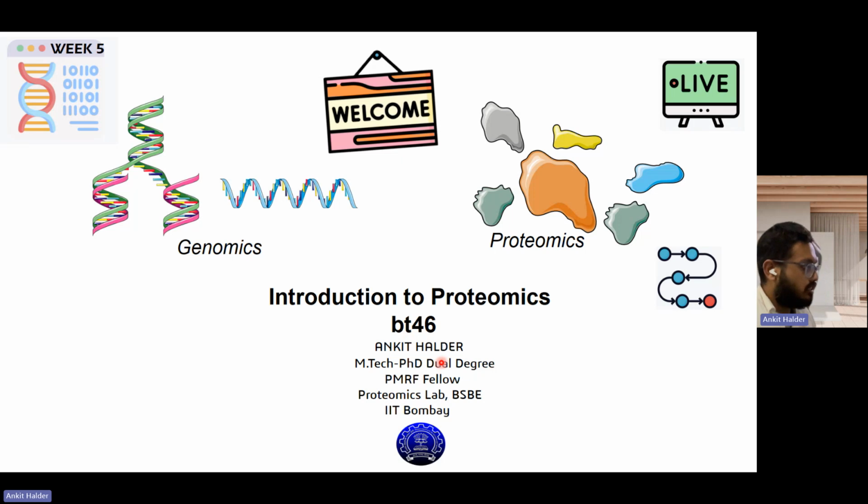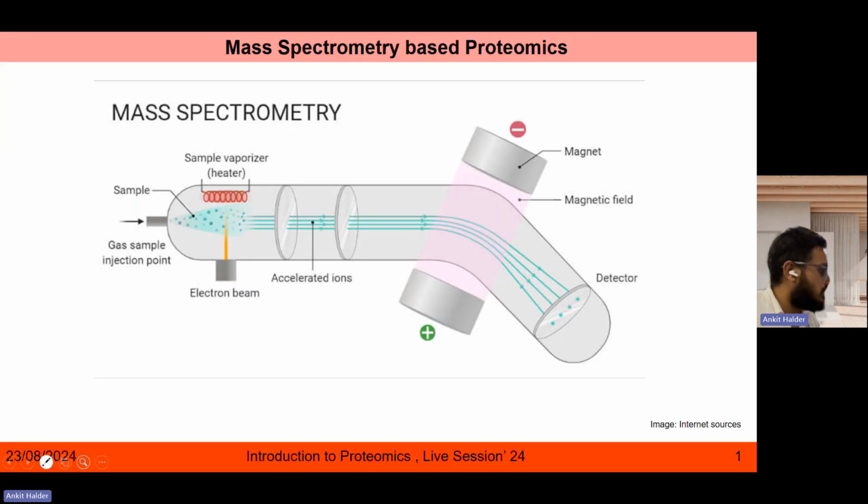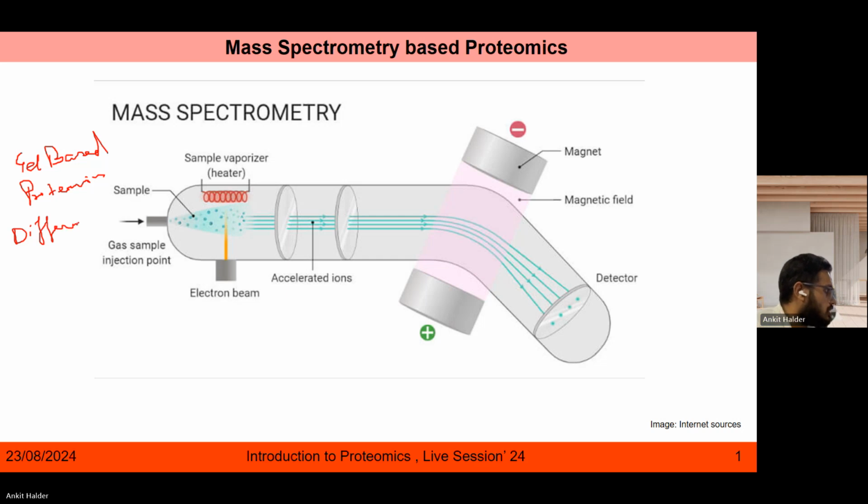So, till the previous class and session, we had looked at different ways of gel-based proteomics, that is, how to study the differential expression or abundance of proteins, right?